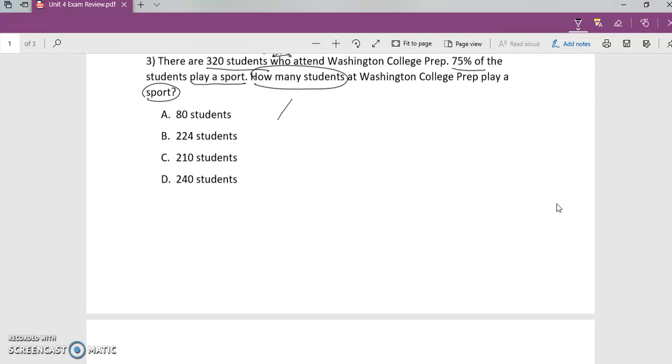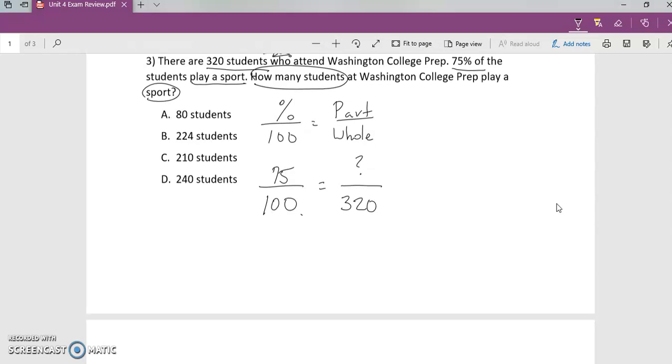So again, I have my proportion that I can set up. So percent over 100 equals part over the whole. They are telling me that 75% out of 100 play sports. Do I know the part? No. But do I know the whole amount or the total number of students? Yes, 320.